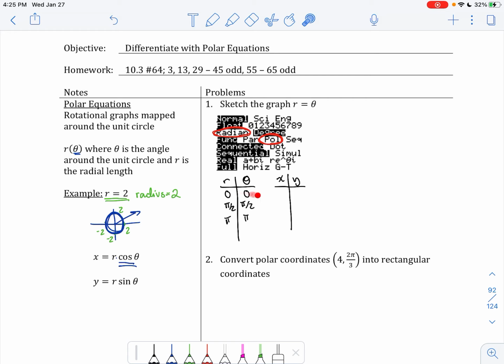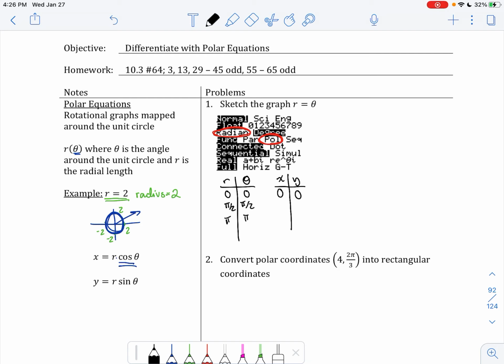Now, for the first one, r equals 0 all the way across. So x is equal to 0 times cosine of 0, which is 0. Y is equal to 0 times sine of 0, which is also 0. Here, with pi over 2, we get x equal to pi over 2 times cosine of pi over 2.